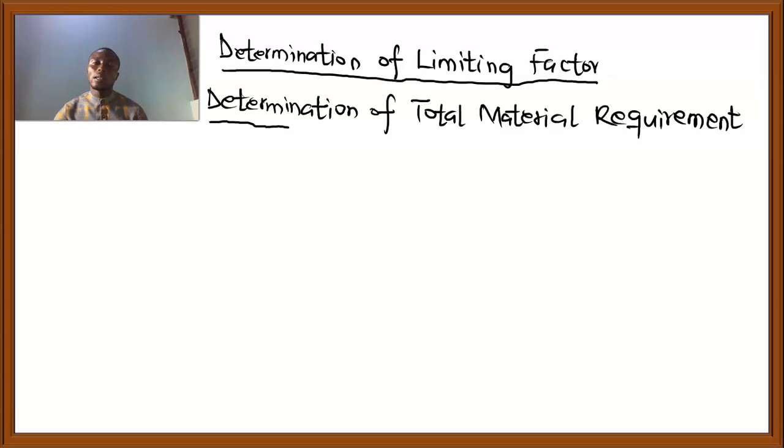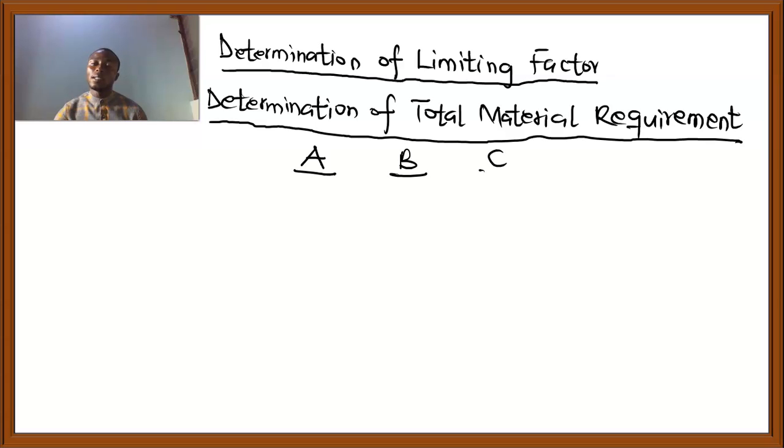Underline it. We have 4 different types of tables: A, B, C, and D.